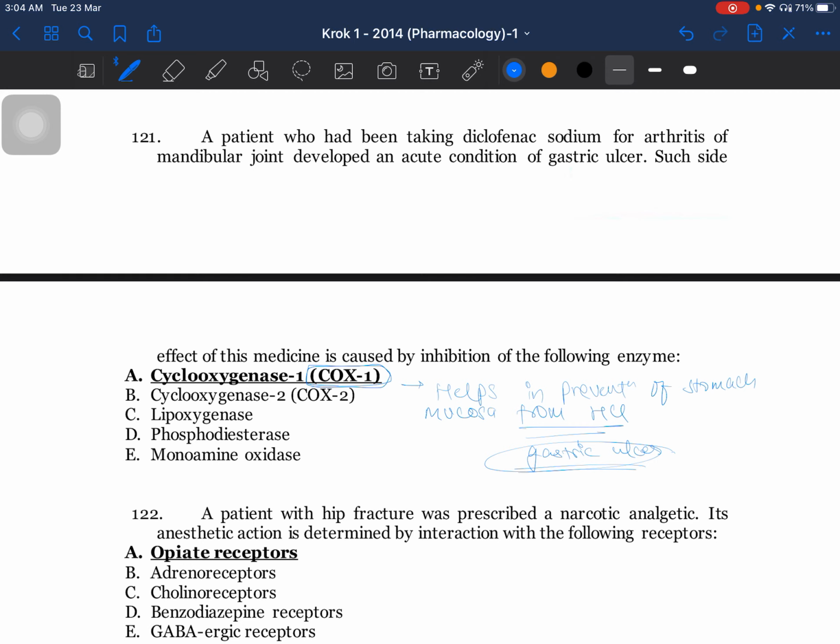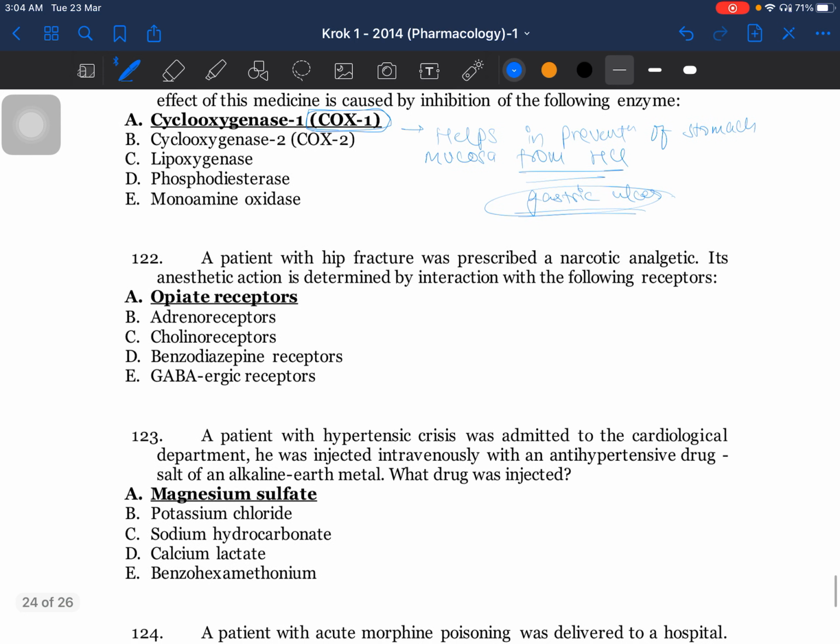We have discussed this question earlier in previous questions very briefly, so I am not discussing it here.